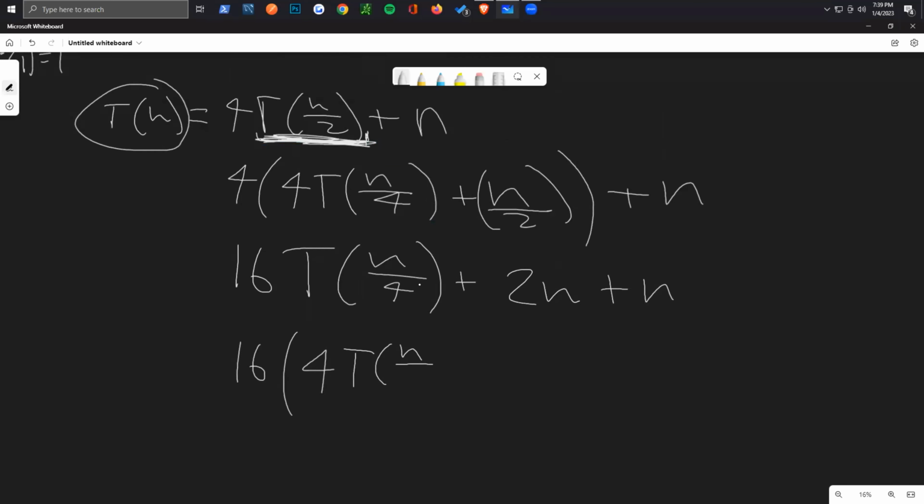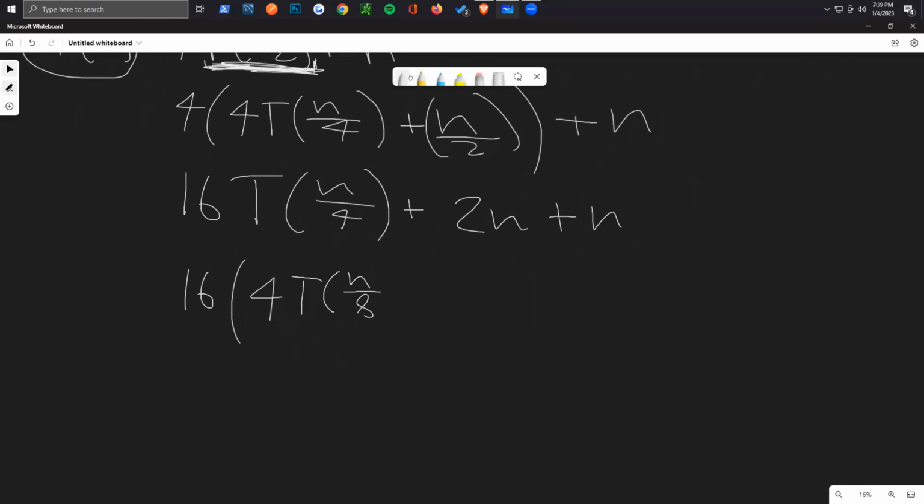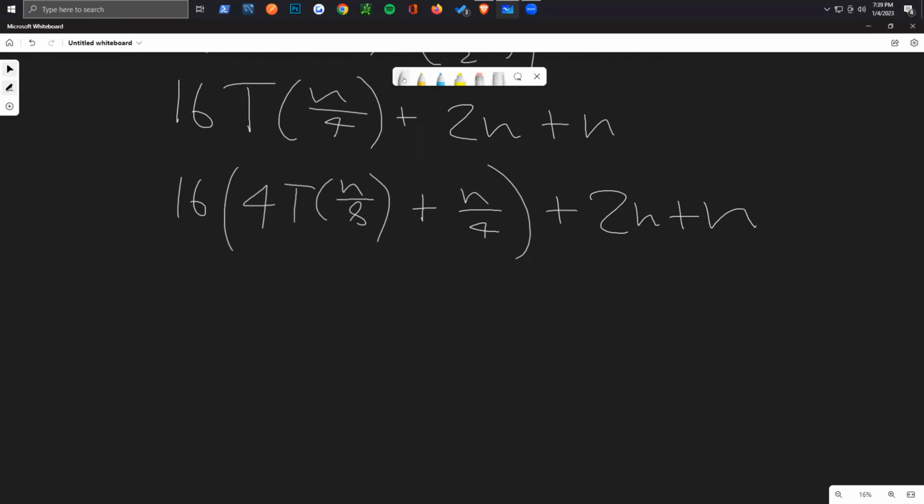So now it's going to be divided by 8. Okay. And now from here, we're going to have n divided by 4. And we still have our 2n plus n over here. So at this point, we're going to just distribute again.